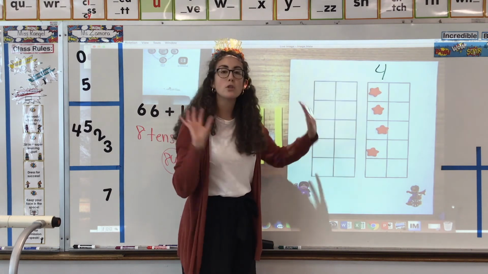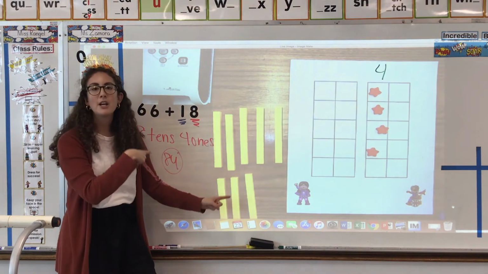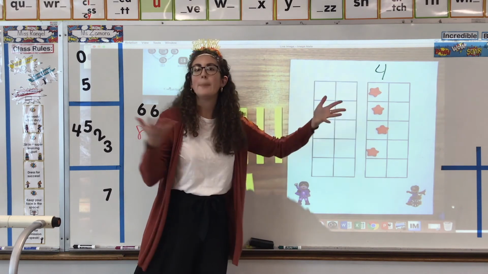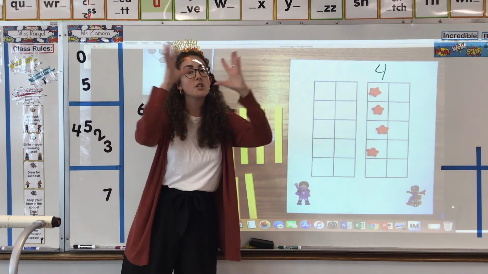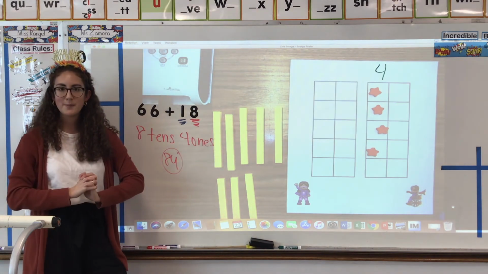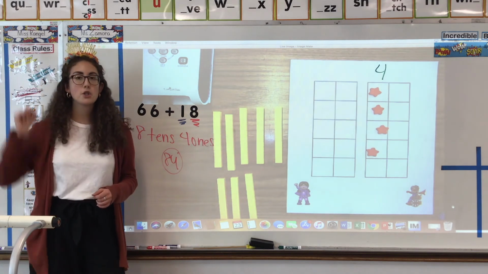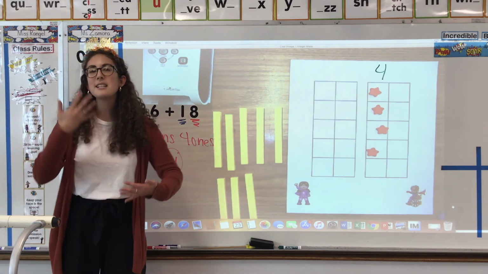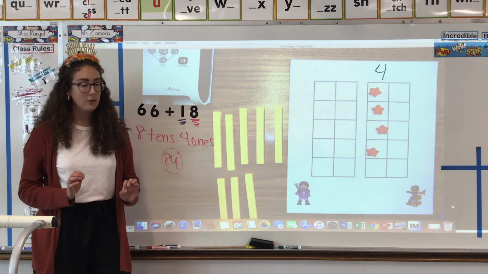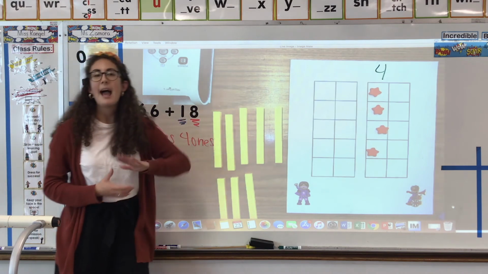We had to bundle a group of 10 ones to get a bigger unit, which left over some ones, but that's okay, because we're just working to bundle that group of 10. So now, second grade, you are going to show me what you know and practice talking and walking through the steps yourself. So you need to keep out all your tools.